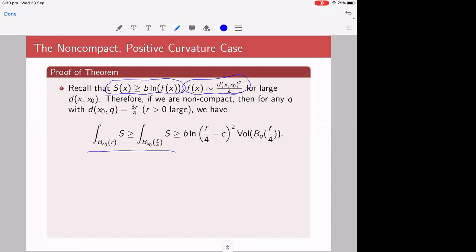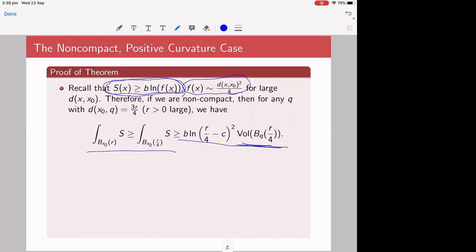But because we have this estimate, namely that the scalar curvature is bigger than b times the logarithm of f, we can integrate that again. So when we integrate, we get this annoying log squared term here. And of course, we also get the volume there. So this is what we can get by integrating.